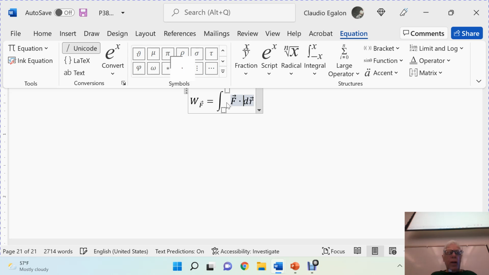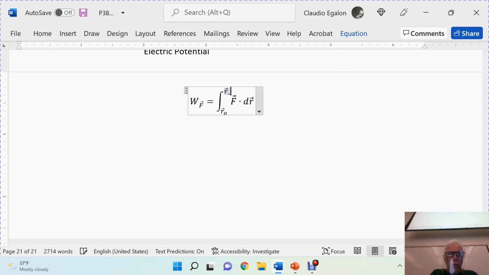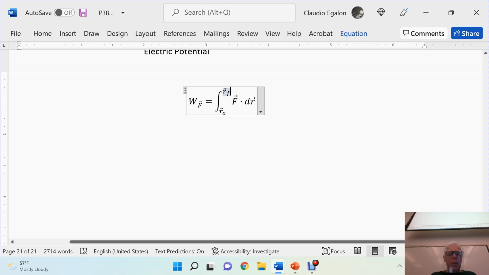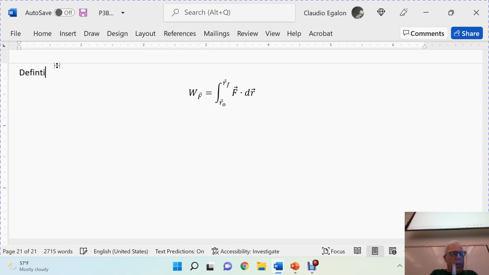Since we're integrating a vector, the limits should also be in terms of vectors: the initial position and the final position. That is the definition of work of a given force.